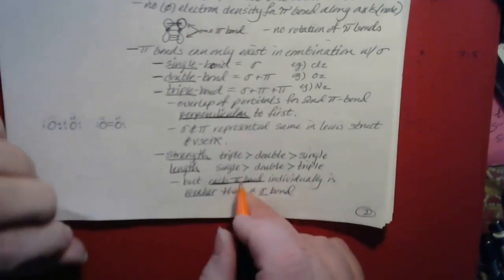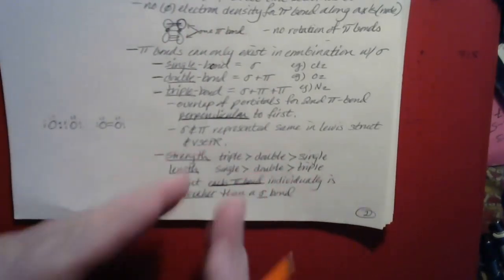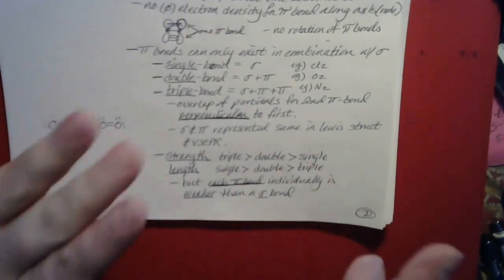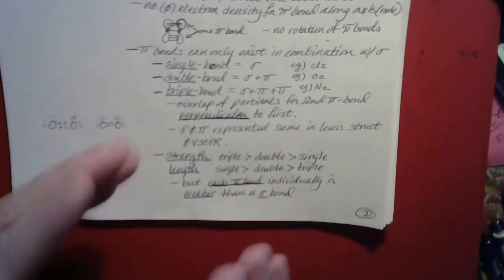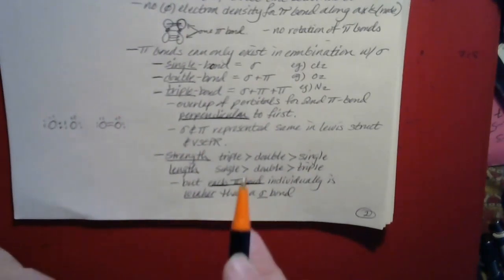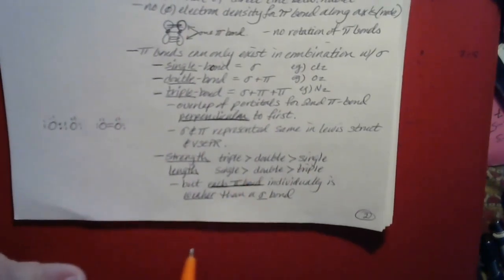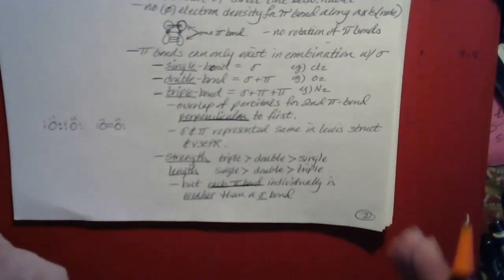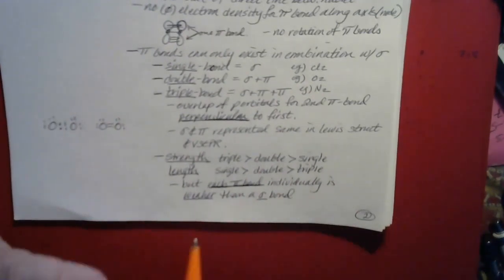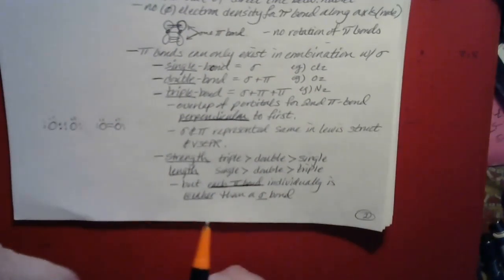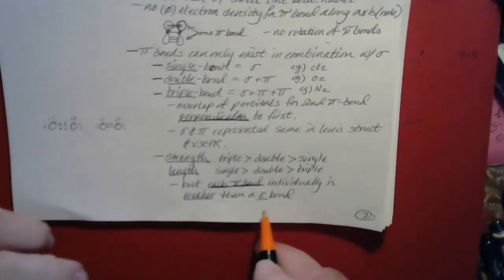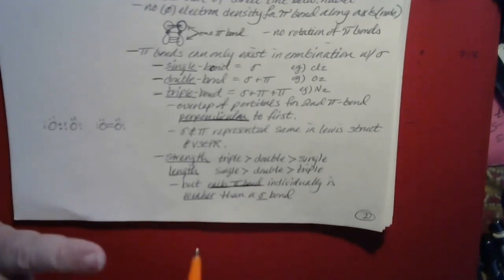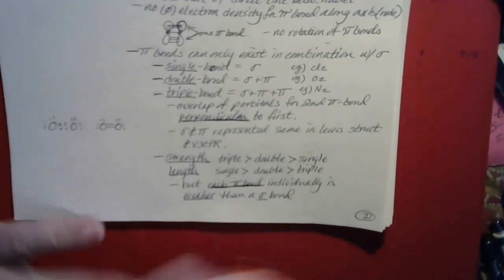So individually, if you were able to take a pi bond on its own without a sigma bond, which doesn't actually exist, but if you could, the pi bond would actually be weaker than a sigma bond. So adding a pi bond to a sigma bond increases the strength of the bond, but it doesn't double it. Adding 2 pi bonds to form a triple bond, again, increases the strength of the bond, but it doesn't triple it.